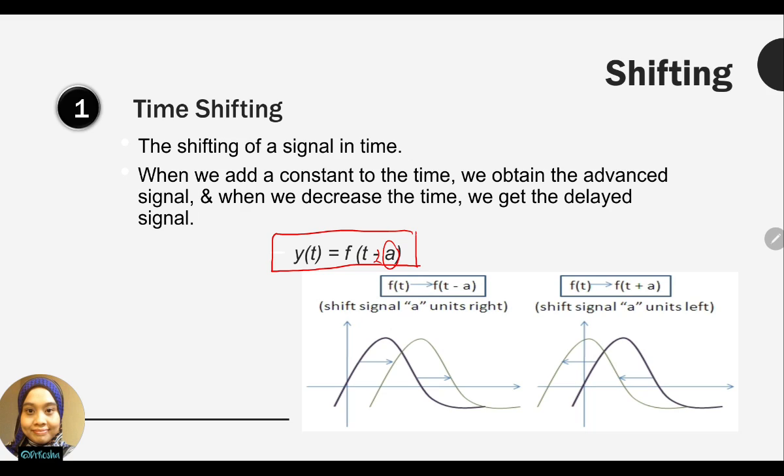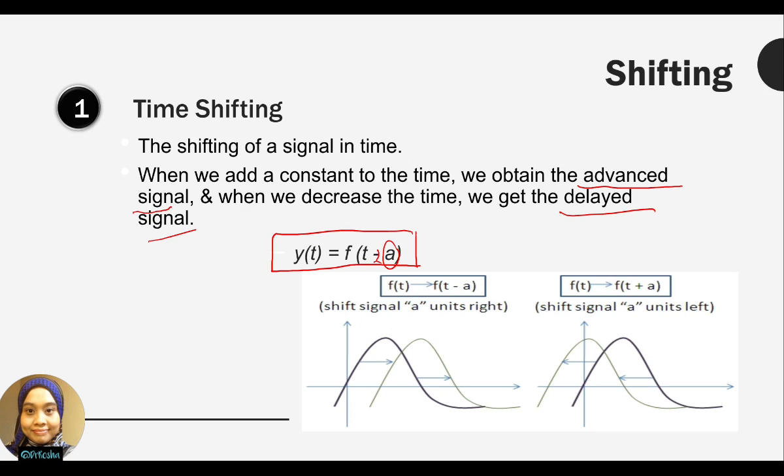If you add a constant to the time, we call it an advanced signal, and if we decrease the time, we get a delayed signal. This delayed and advanced signal is very important, especially when we do operations using the Fourier series, Fourier transform, as well as Laplace.